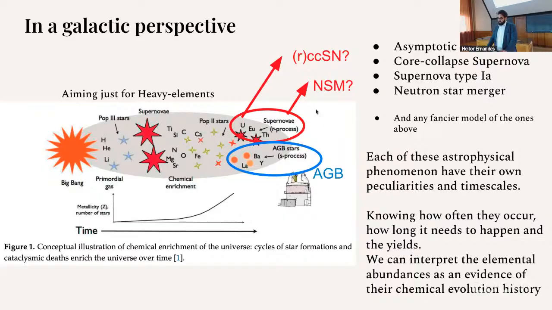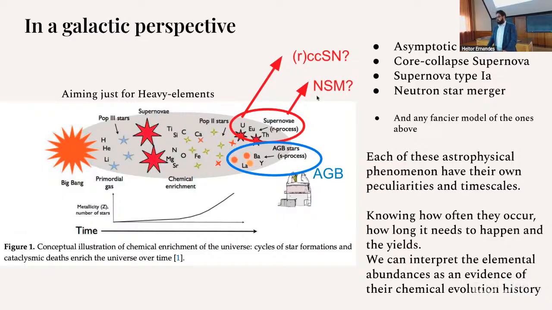For the r-process elements, the heaviest ones we can find, we require more energy, and then we basically require some explosions. It is still under some debate which astrophysical source can provide these elements to the interstellar medium.